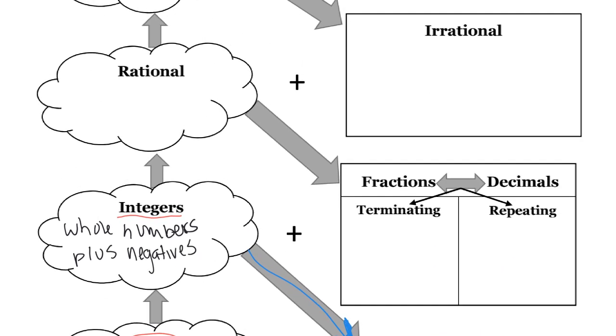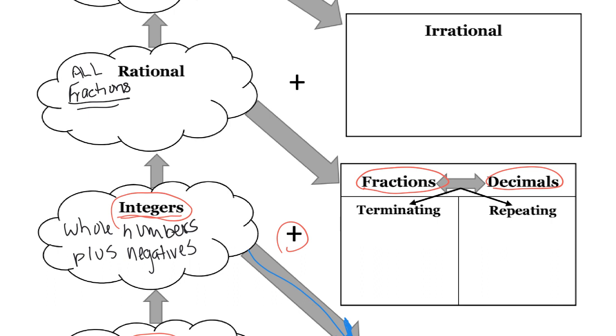Rational numbers. Rational numbers are integers plus fractions and decimals. Sorry, not integers. Rational are all fractions. All fractions are rational. Certain decimals are.